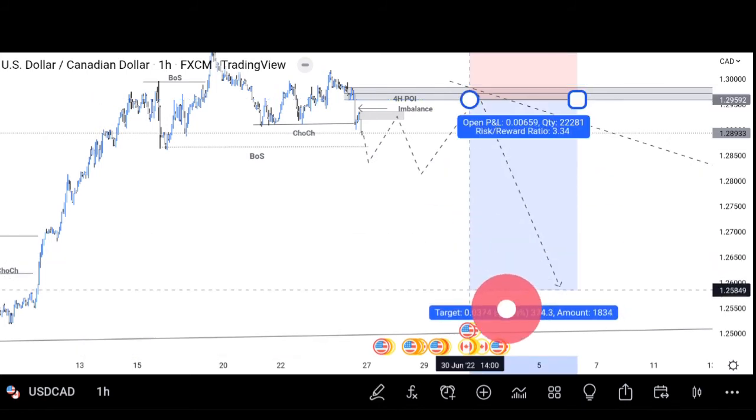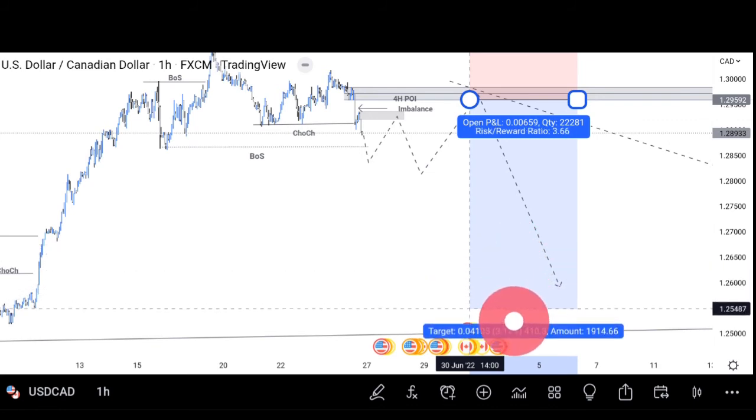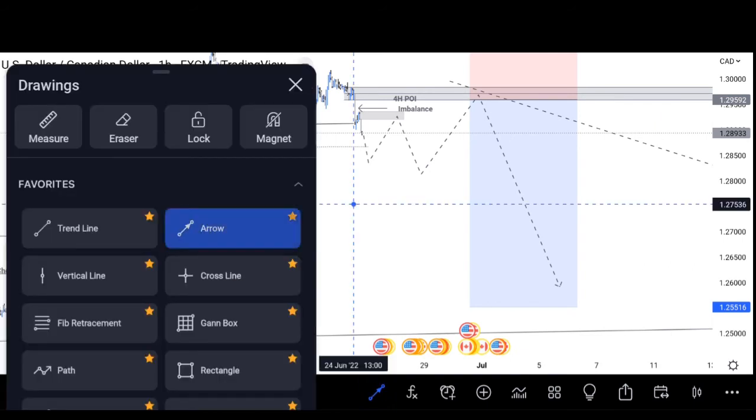And my target area, I'll be looking for to fill this imbalance on the left side of the market. This imbalance here.